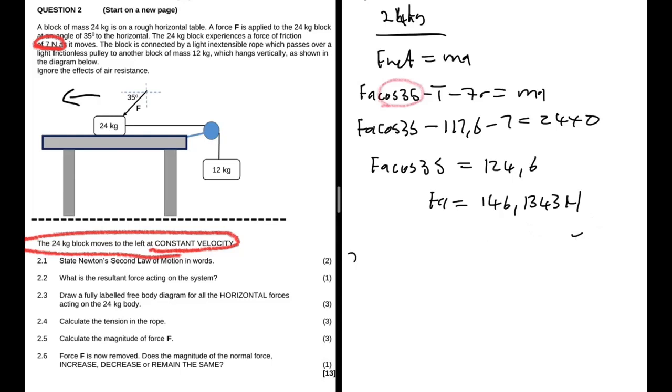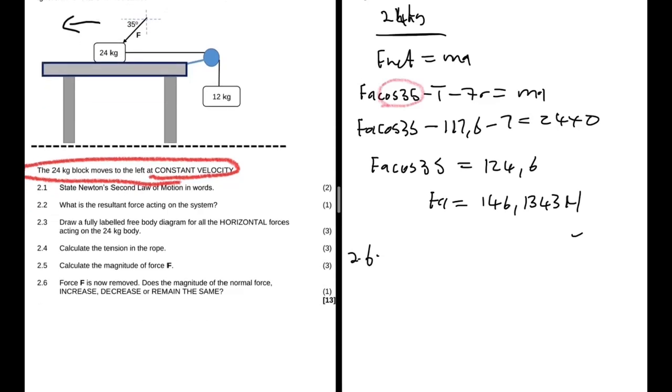So 2.6 says force F is now removed. Does the magnitude of the normal force increase, decrease, or remain the same? So let's find a formula for the normal force so that we can see what happens. When we're talking about the normal force, we pay attention to the forces acting on the vertical, right?